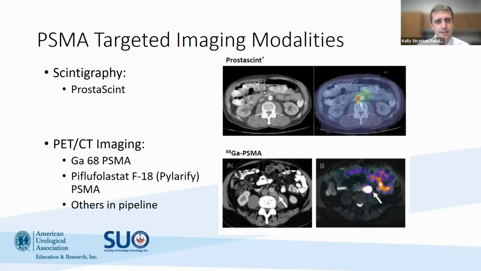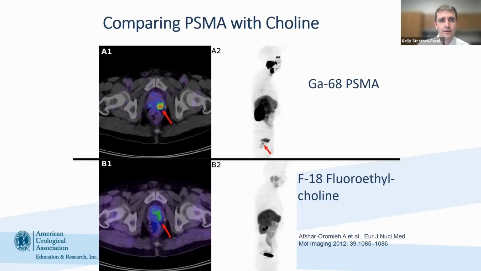The F18 has a trade name, Pylarify, and so that one is probably going to be the most commonly available. Gallium-68 was studied at both UCLA and UCSF and currently has that FDA indication for those two sites.